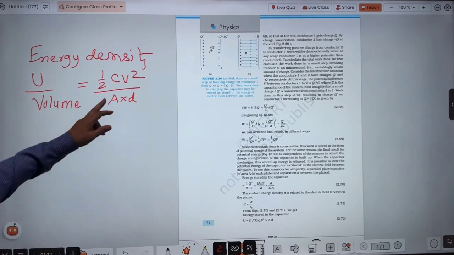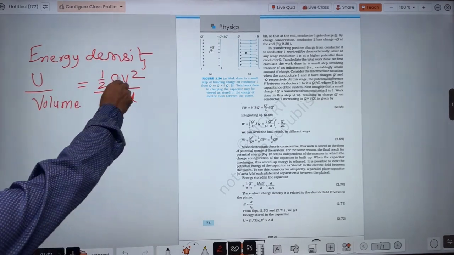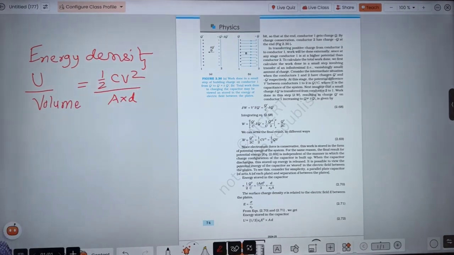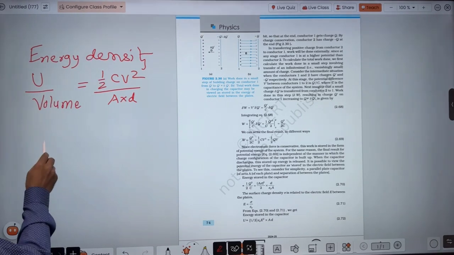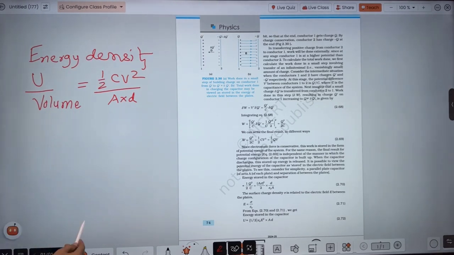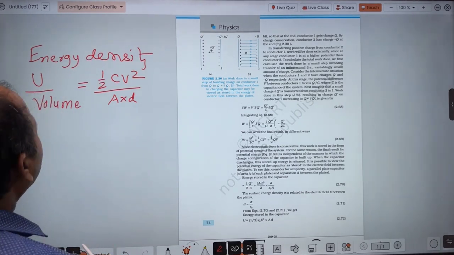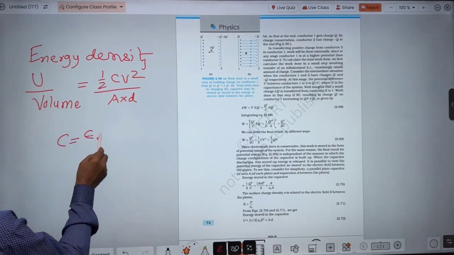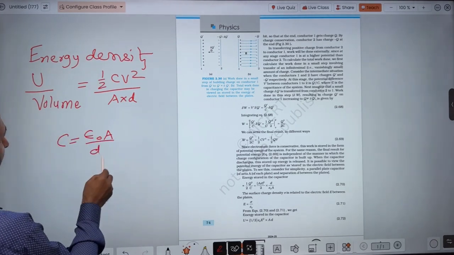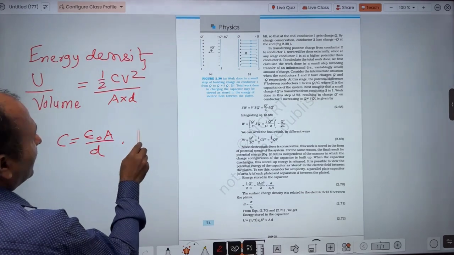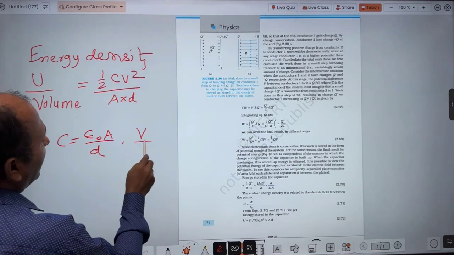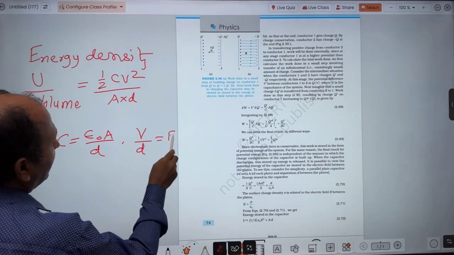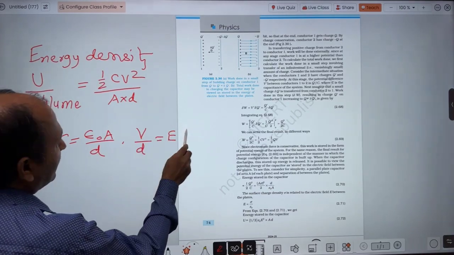In terms of electric field, suppose the electric field is E0. So in terms of E, you can use C equal to epsilon naught A upon D. And you know V upon D equals E, or V equals ED.